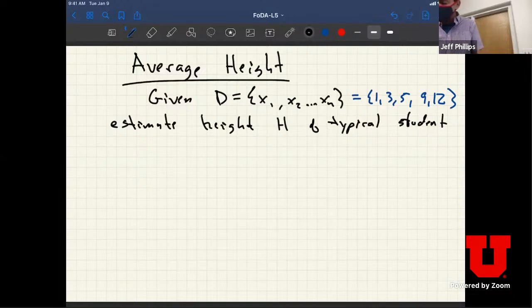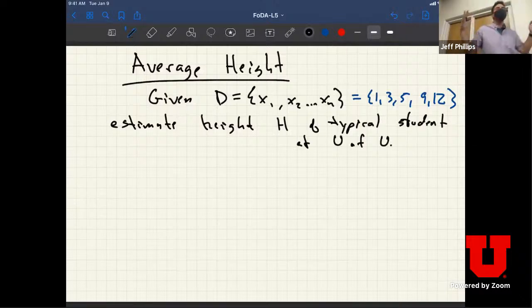I'm going to specify this at the U of U, so we're going to do this at our university. This might be different than the typical student across the country or across the world. We're going to assume we're given heights from average students at the university. Maybe we select some UIDs of active students, and they've reported their heights, and we use these as the data we've sampled.